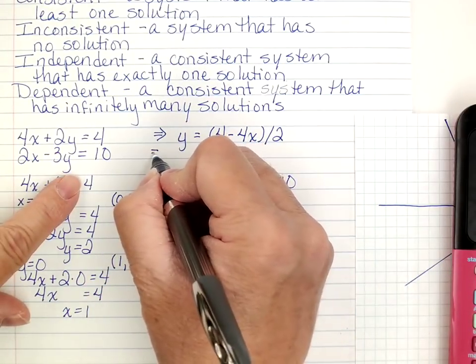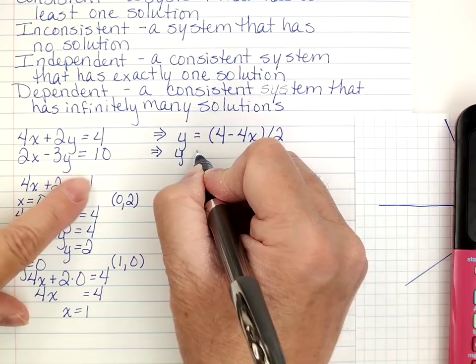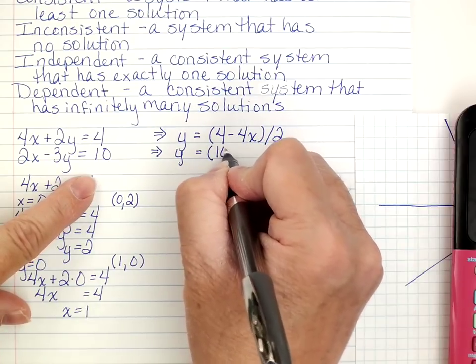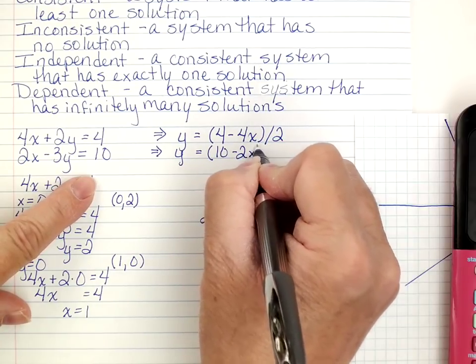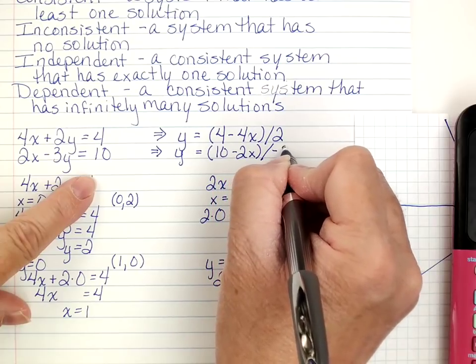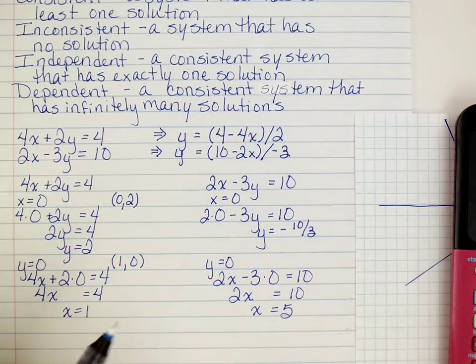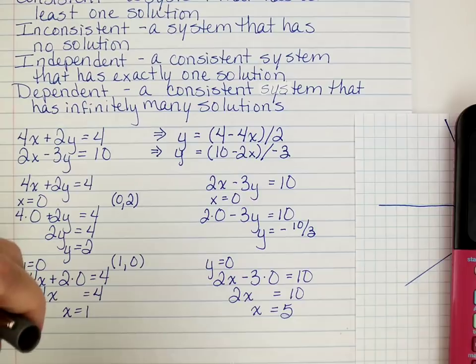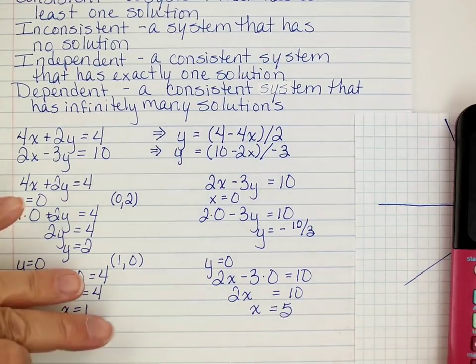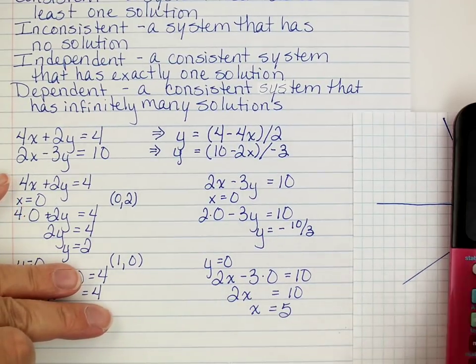To get the second equation into y equals, I'm going to have 10 minus 2x, and I'm going to divide that by the coefficient in front of y, which is negative 3. Now I'm going to put those in my y equals on my calculator.